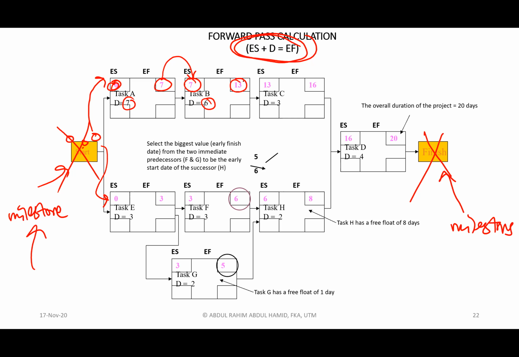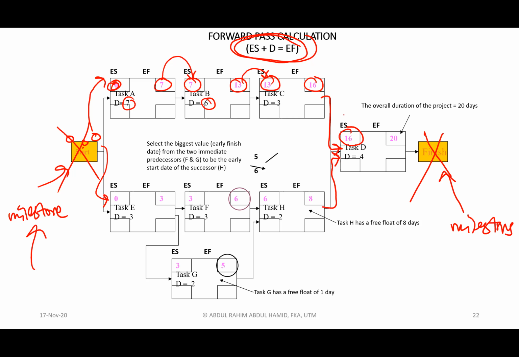Then this number 13 will transfer immediately, put into this box. 13 plus 3 equivalent to 16. Okay, now you notice that there are two arrows going inside here and here, so they are basically criteria that we must consider in terms of the values to put into this box.